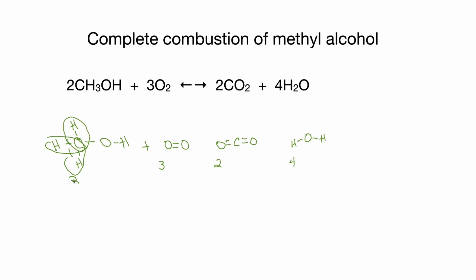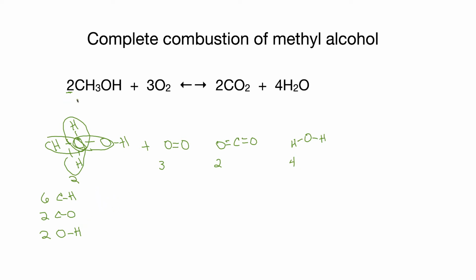Okay, but we have 2 of these molecules, so when we have both of those together, that means we have a total of 6 CH bonds. We have a CO bond in both, so that becomes 2 CO bonds. And then we've got an OH bond, 1 for each, so 2 of those. It doesn't matter whether you write OH or HO in this chart, it'll give you the same thing.